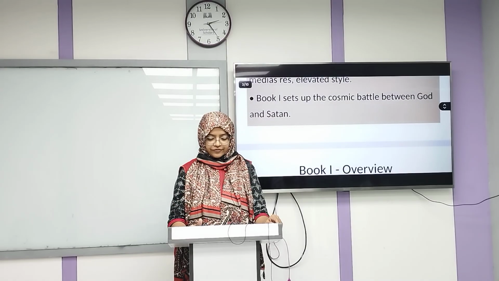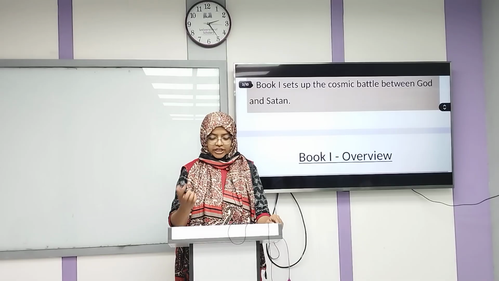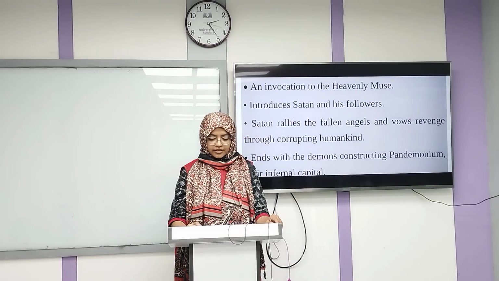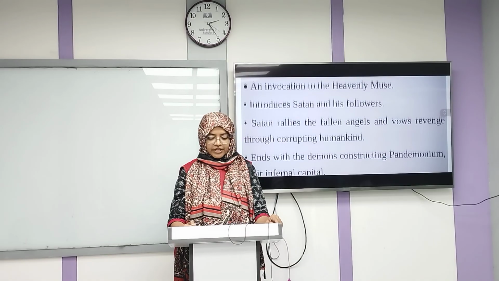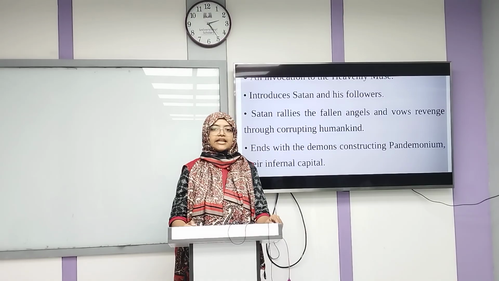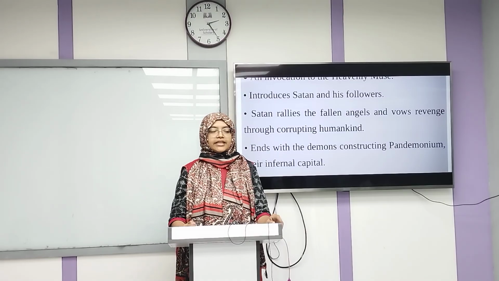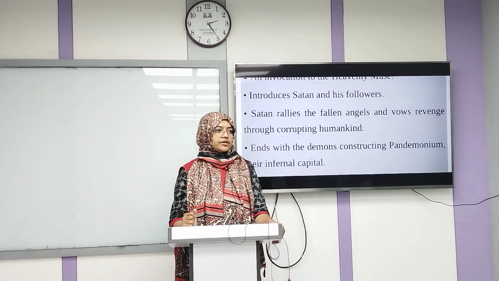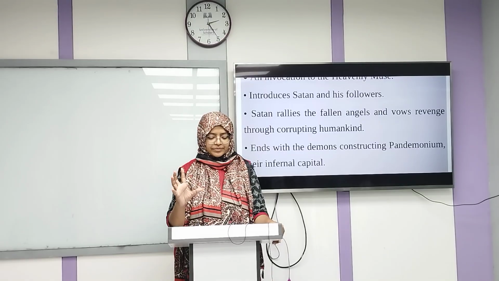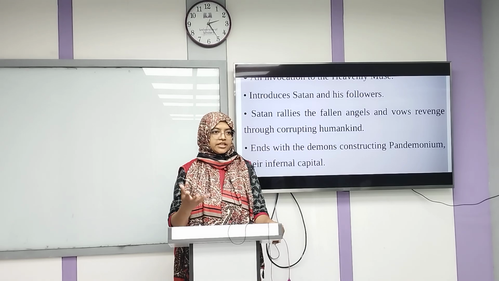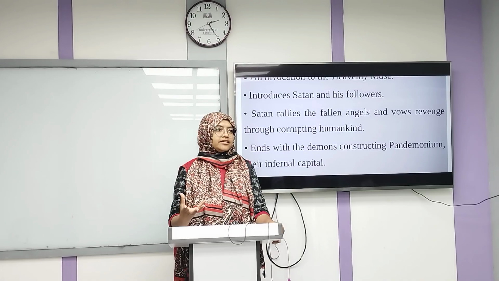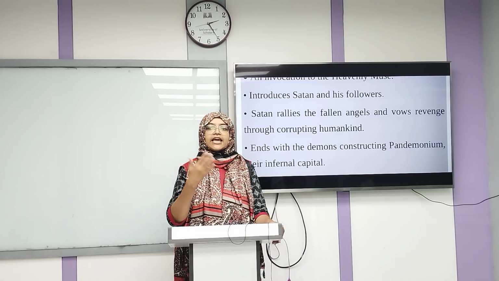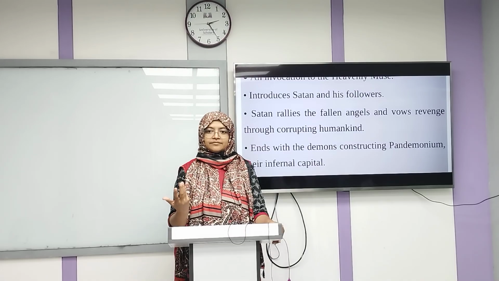Now an overview. Invocation to the heavenly muse, we know that by now. It introduces Satan and his followers. Then the book proceeds to the other matters. So book 1 basically deals with that, Satan and his followers, Satan's speech, what they plan on doing next, how they plan to regain heaven or paradise, because heaven was not built yet.